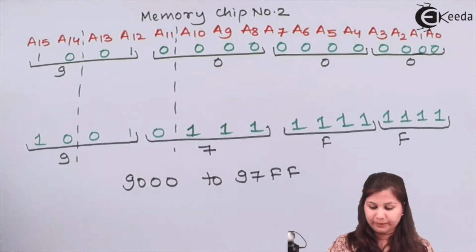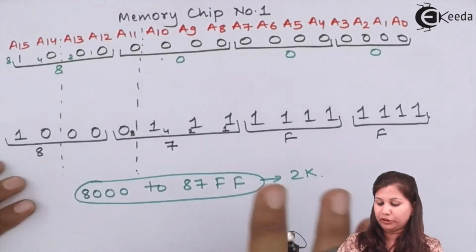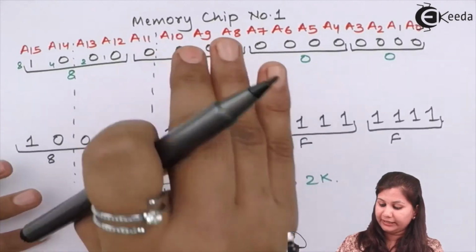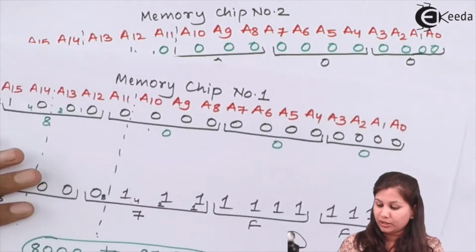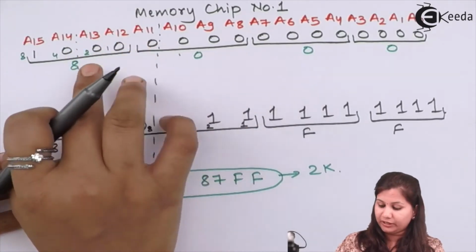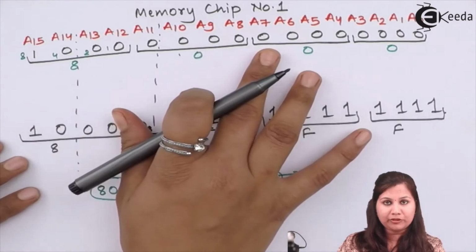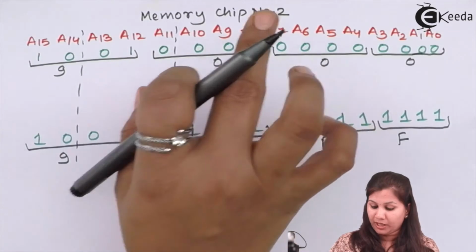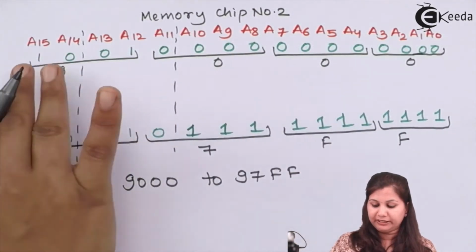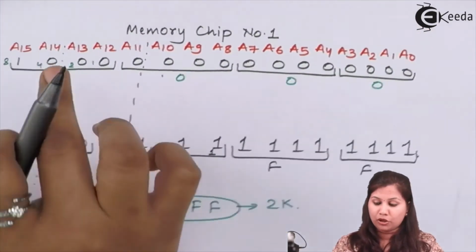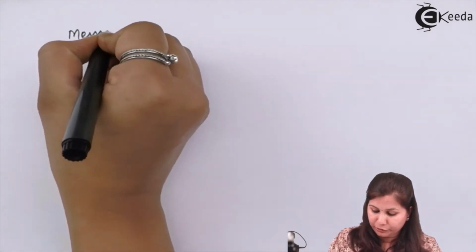Now if you compare these two memory maps for memory chip number 1 and chip number 2, you will find that A0 to A10 take any of the values, and A13, A12, A11 are 000 for memory chip number 1, and they are 010 for memory chip number 2. Whereas A14 and A15 are always the constant logic 1 0 for both the chips. So what is changing between memory chip number 1 and chip number 2?